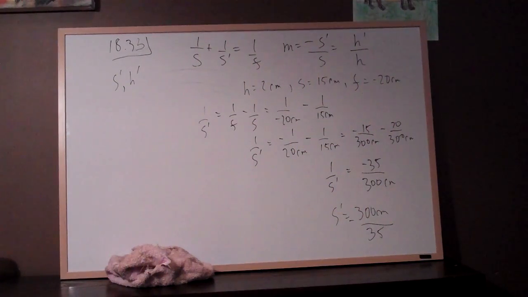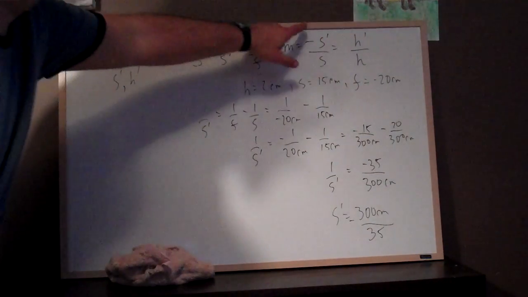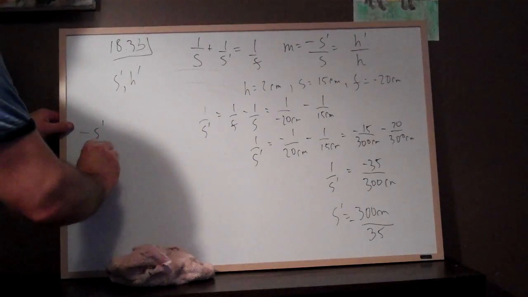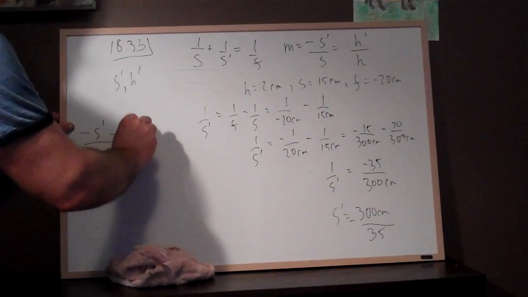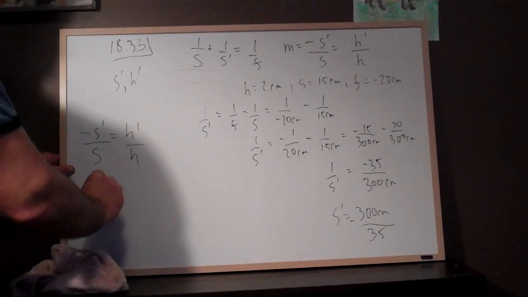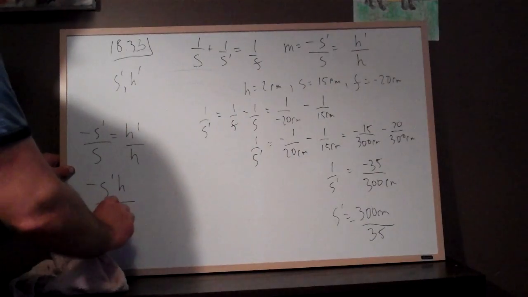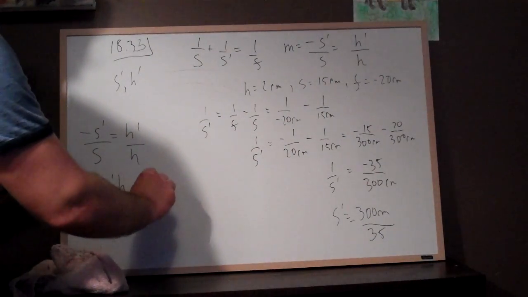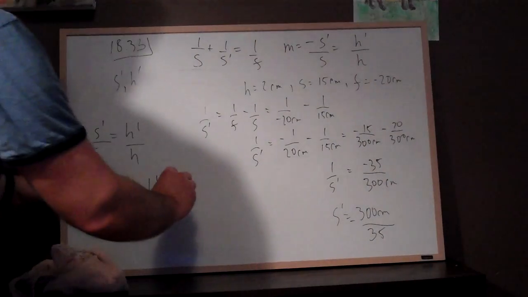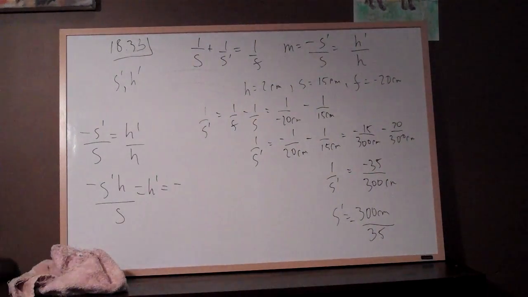Now the way to get H prime is similar to what we did before. We'll use this top part here. Minus S prime over S is H prime over H. Multiply both sides by H. So minus S prime times H divided by S is H prime. So minus S prime, it's just going to be some number that you have here.